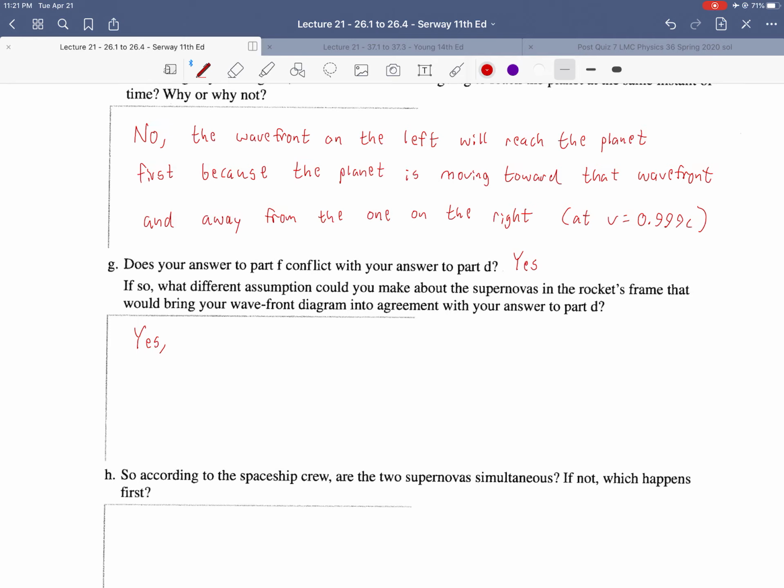We could assume that the explosions were not simultaneous in the reference frame of the rocket. Not simultaneous.